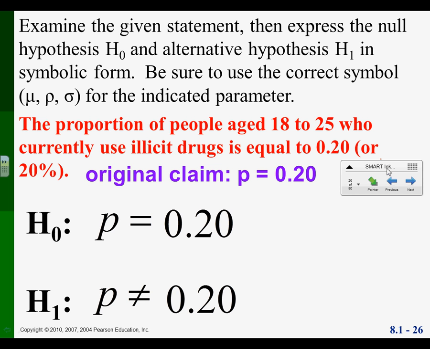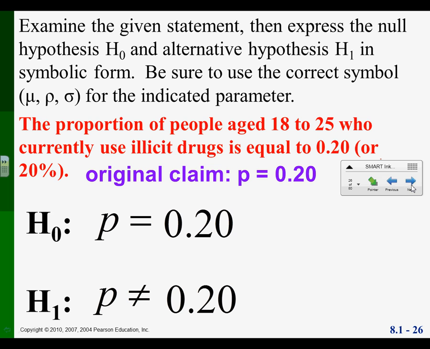Both sides. No, we're not disagreeing or agreeing. We're just setting up a test. And to set up a test, you have to have two outcomes: one, to reject the claim, or to fail to reject the claim. But we're not supporting anything. So we're setting up a test so we can have an outcome, one way or the other.